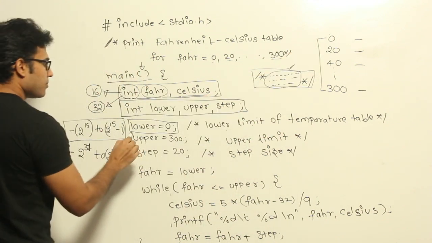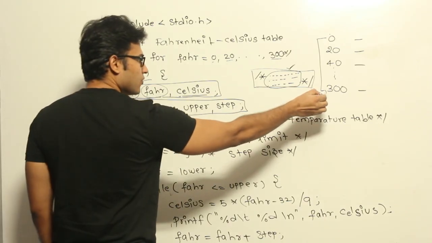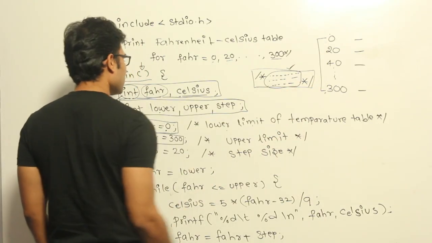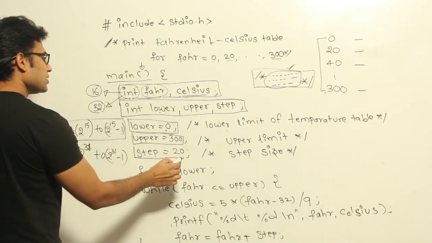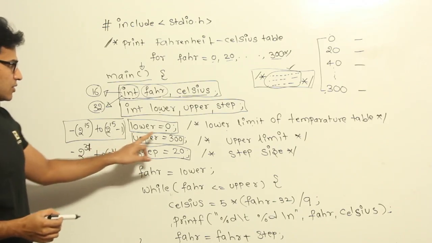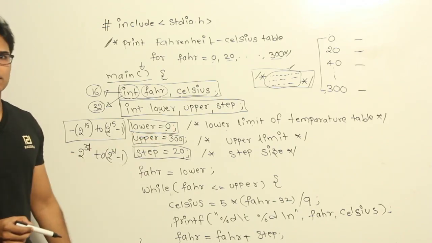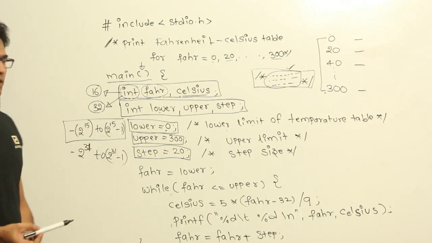Similarly, upper is taken to be 300. It is simply saying that we are going from 0 to 300. And step equal to 20 is also initialization. One more thing you should understand is that every statement should always end with a semicolon in C. If you miss this semicolon, it will be a compilation error.